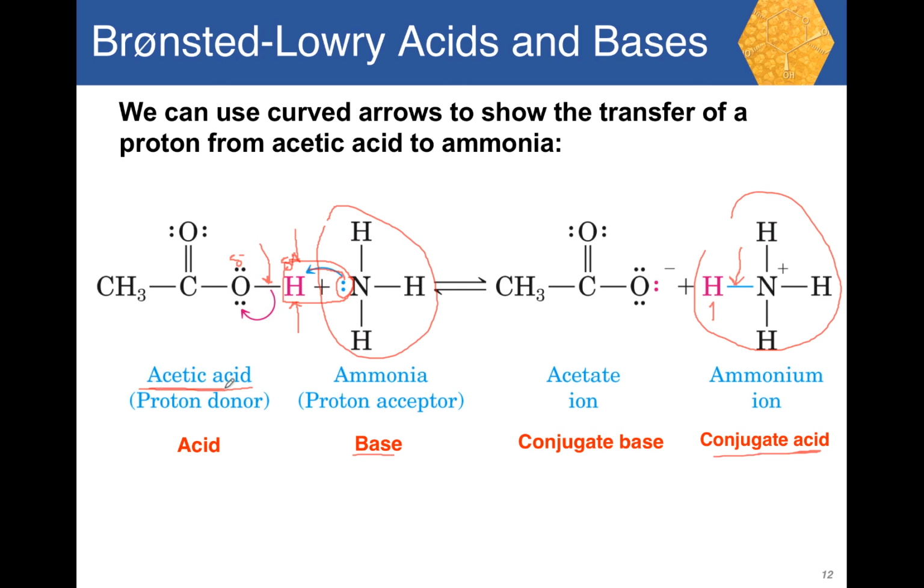The acetic acid has the proton in the reactant, but in the product the proton is gone. So therefore this is described as the conjugate base. So once again, the only difference between a conjugate acid and a conjugate base is a proton that's removed from the acid to form the conjugate base.